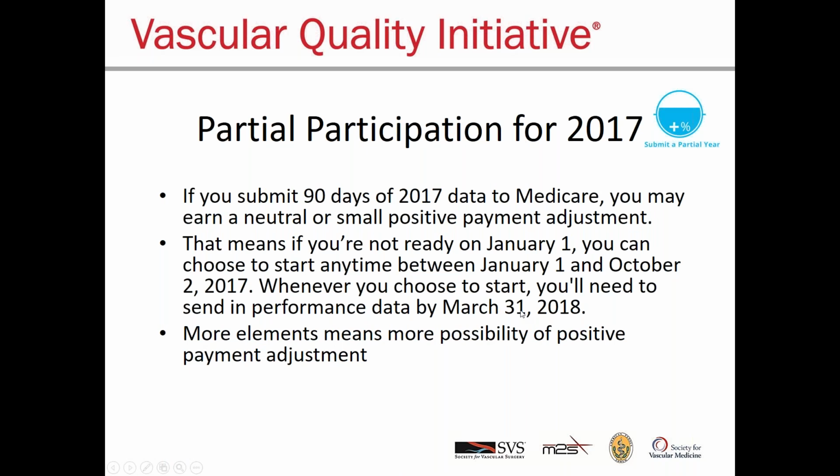But if you want to try to go for bonus money, which is great, you're going to need to do all 90 days. You're going to need to try to get closer to the requirement of 6 quality measures. You're going to need to do more on the clinical improvement activities, possibly as many as 4 different activities, depending on their scores. And you're going to want to try to make sure that you're meeting those measures on electronic health record.